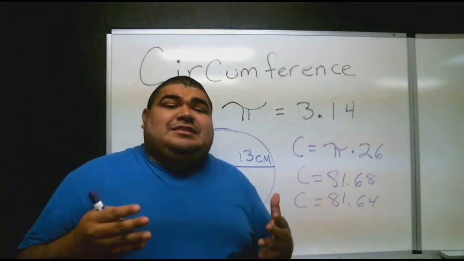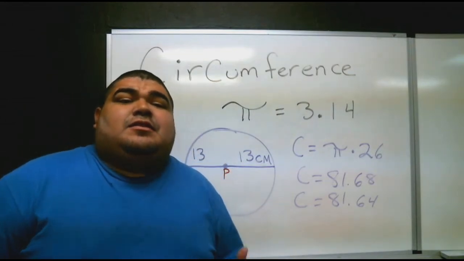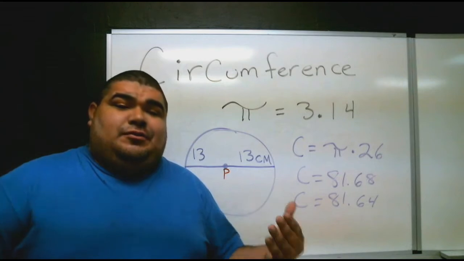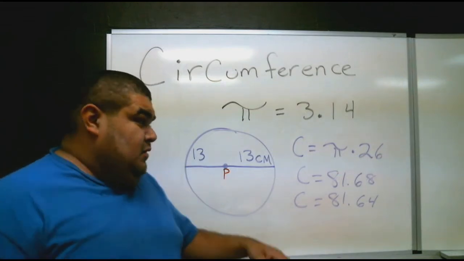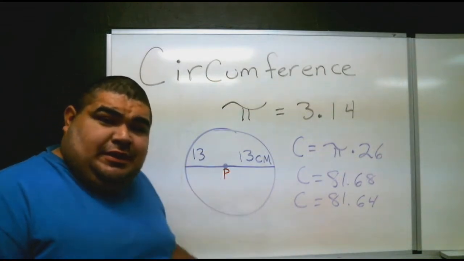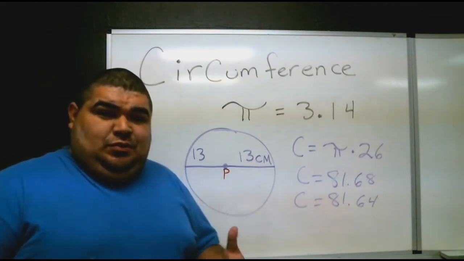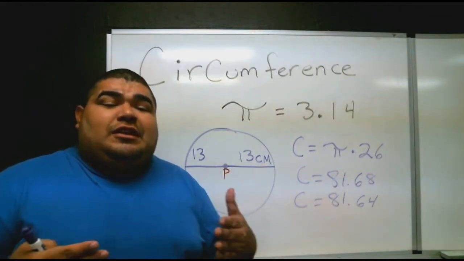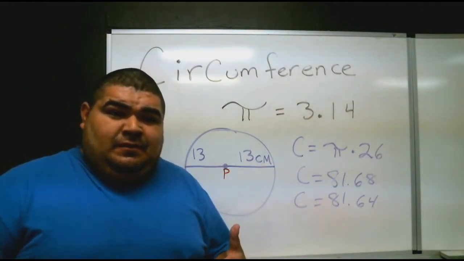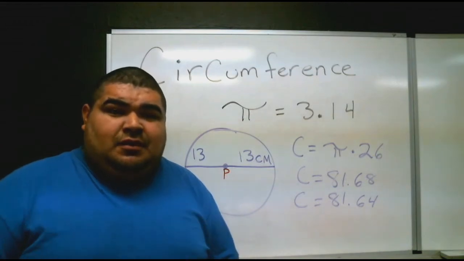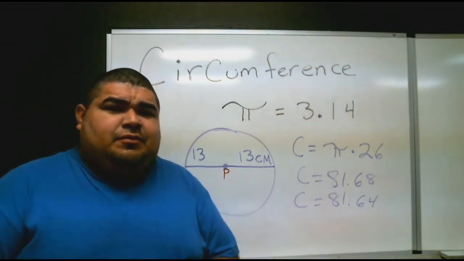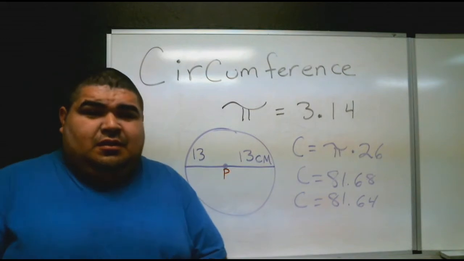So both equations give you the same answers. The only difference is you start off a little different. Some problems might give you the whole diameter already. Some might give you just the radius. So you can use either one to solve the problems. Very, very simple concept.